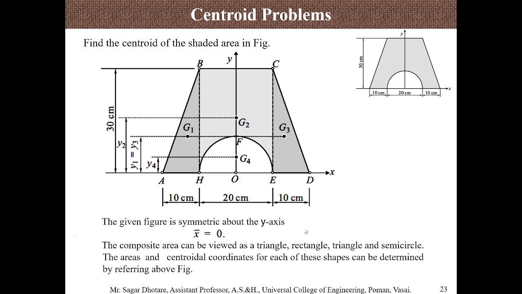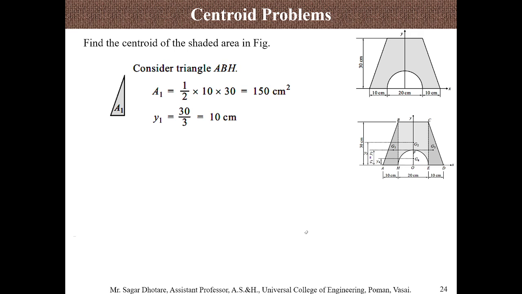The areas we have already seen: triangle, rectangle, triangle, and semicircle. For these 4 geometries we get 4 different values of y, and these will be used to find the standard coordinates of the center of gravity or centroid.